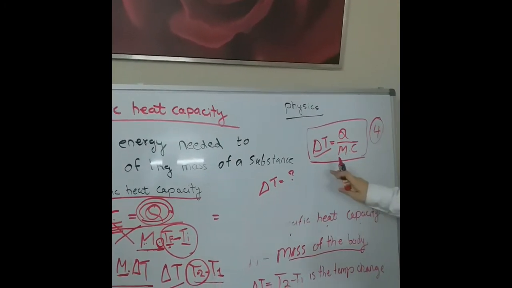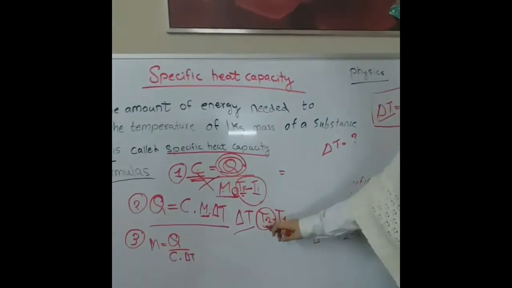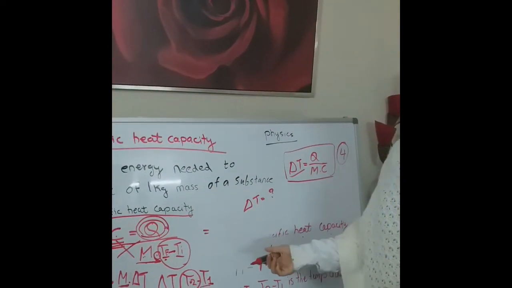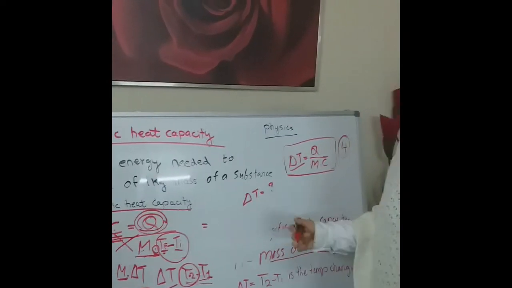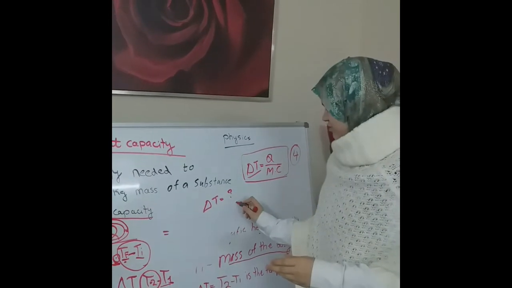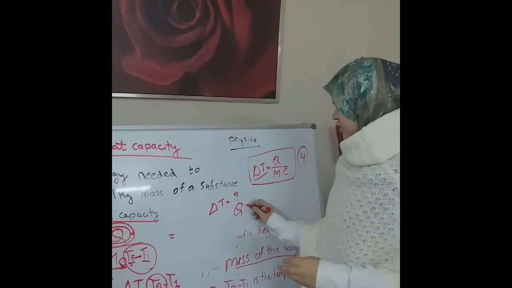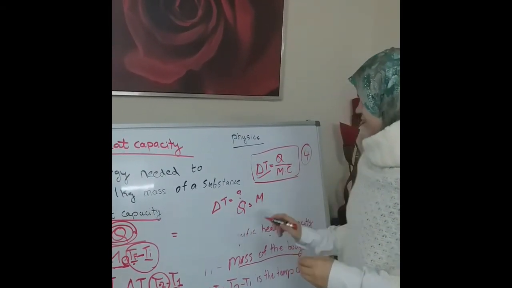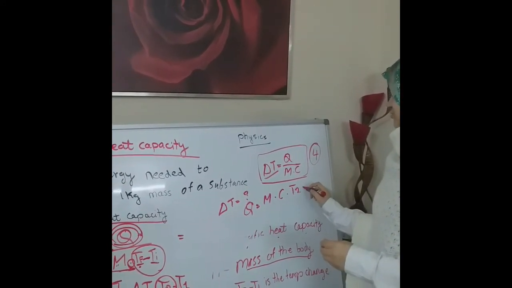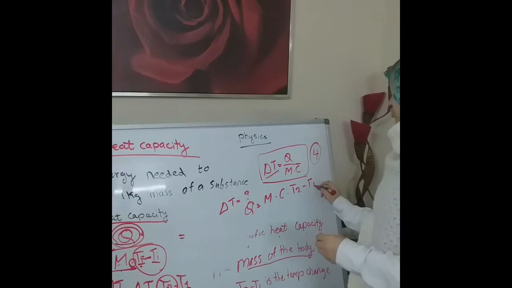But if you want to know T2 or T1, the final temperature and the initial temperature, it's like the same. We will make Q equal to M times C times T2 minus T1.